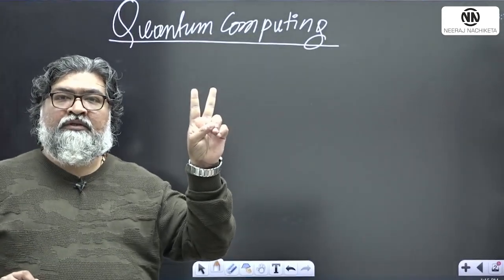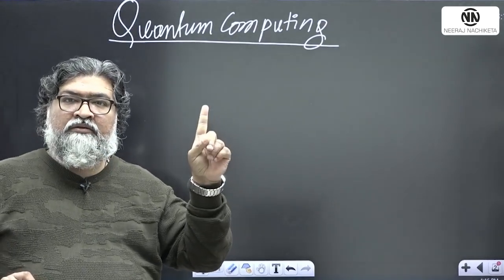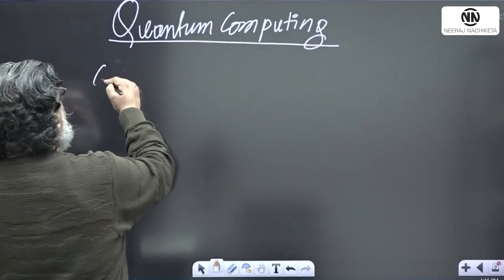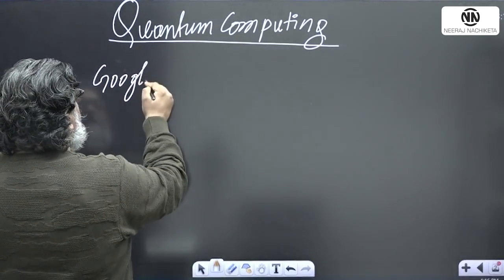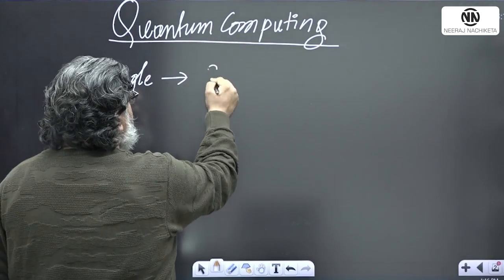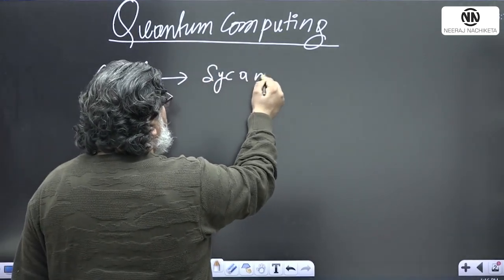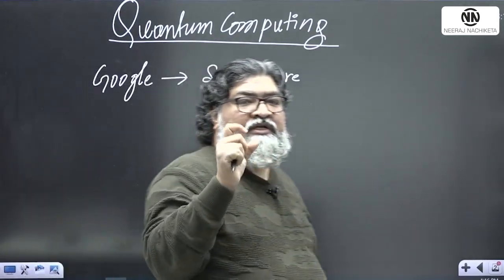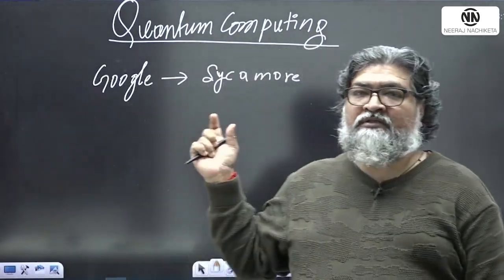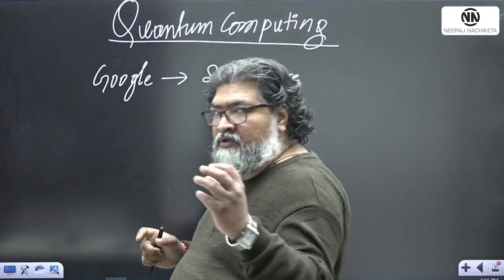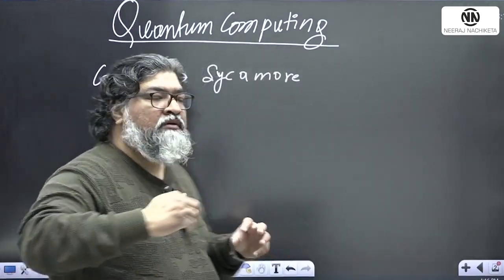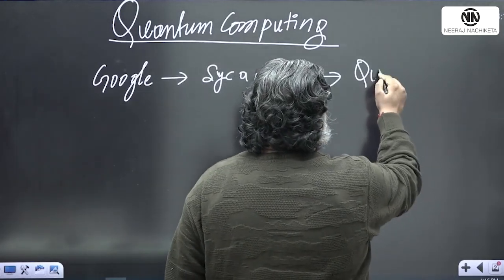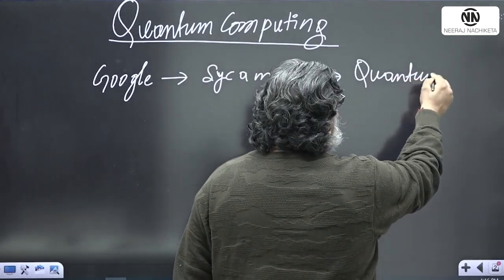Two important headlines. One is about Google. The parent company Google has a division called Sycamore. And the scientists of this Sycamore division have been successful in demonstrating what is called quantum supremacy.